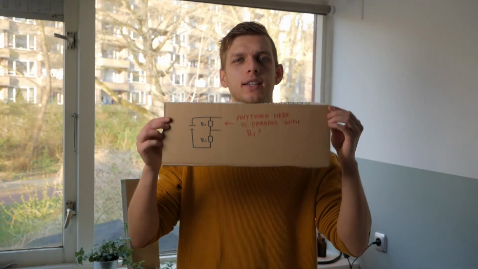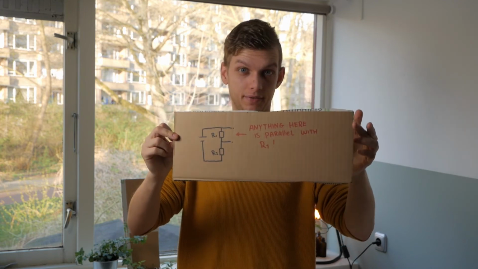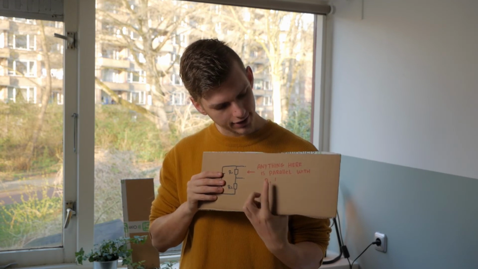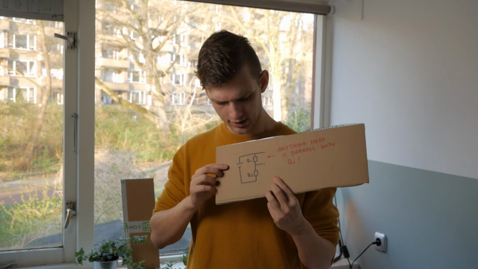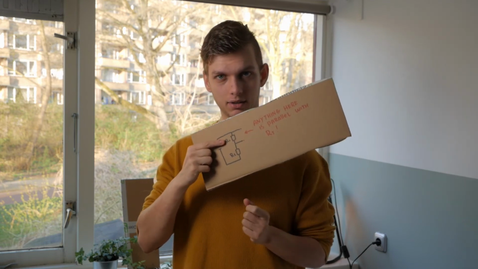All right, now let's take a look at this little circuit here, which is a voltage splitter. And I wrote here, anything between these two little dots behind our resistor 1 is in parallel with resistor 1.